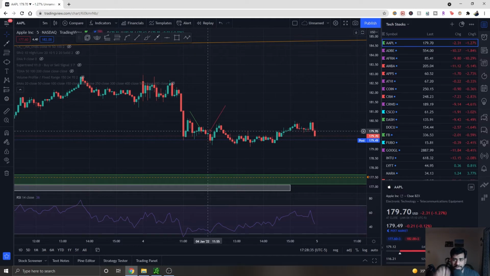It goes to the nearest support, and from there it rallies up, basically what we call a V-shaped recovery. I thought we were in the V-shaped recovery, and I was trying to quickly scalp some profit on Apple stock.